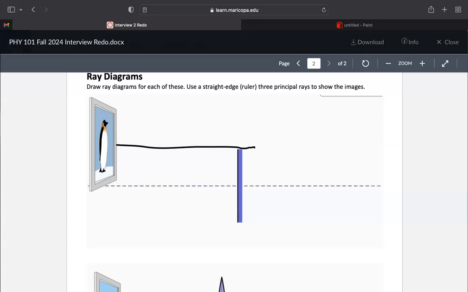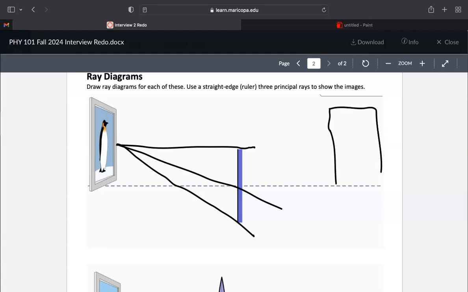And then we would come down and go through this, right? And then if that same object is here, then it would also fall in the middle of this object instead of the top, if this is the mirror, right? And so it would come over like this.